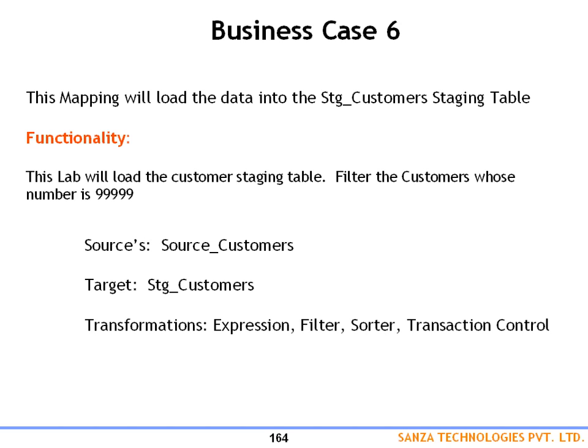Also, the customers whose customer number is null are to be filtered out. So you have the requirement for filtering customers with null value and customers with 9999.